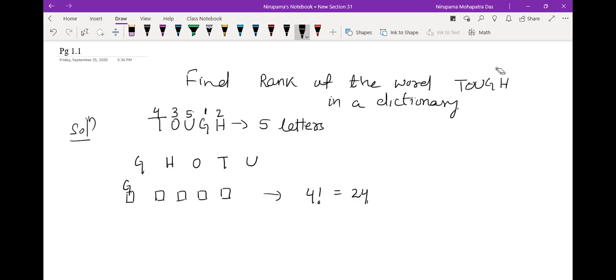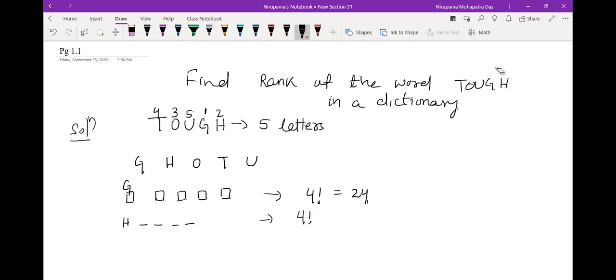Now next, so G we are not interested because we want tough. So till T we have to move on. So next one is we start with H. Now again fixing H at the first place. We have 4 places and remaining 4 letters. So no letter is repeated here.